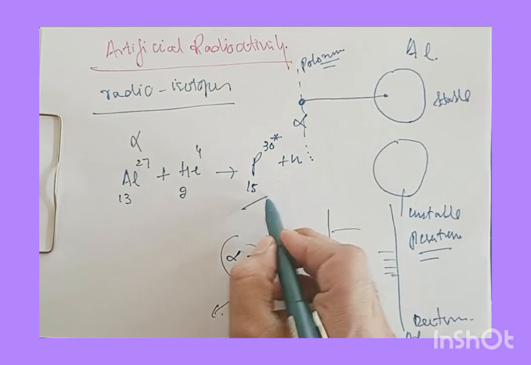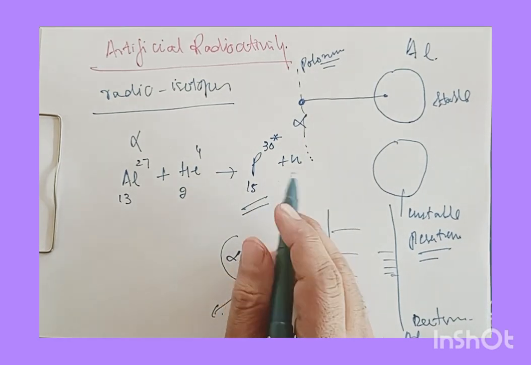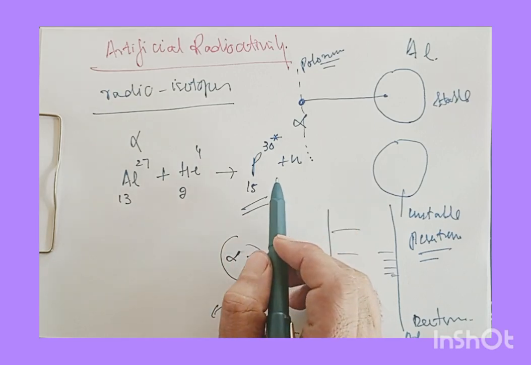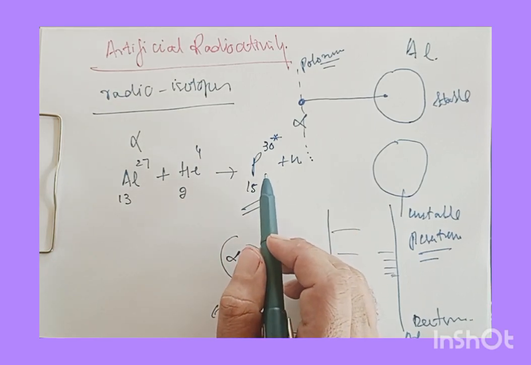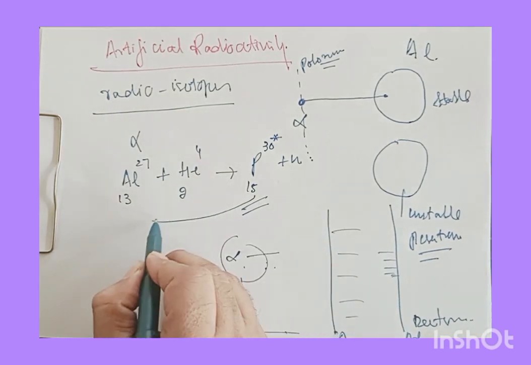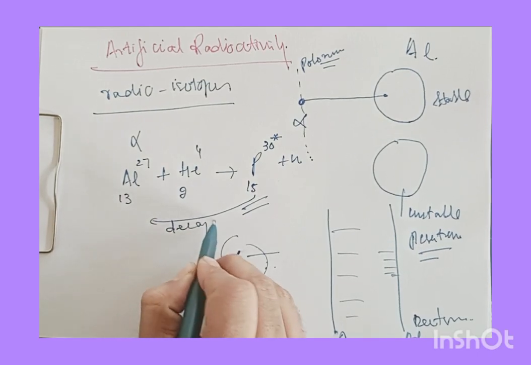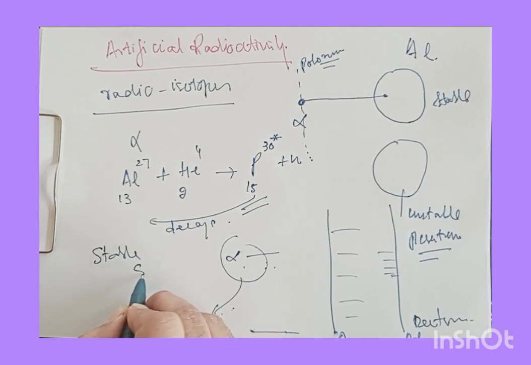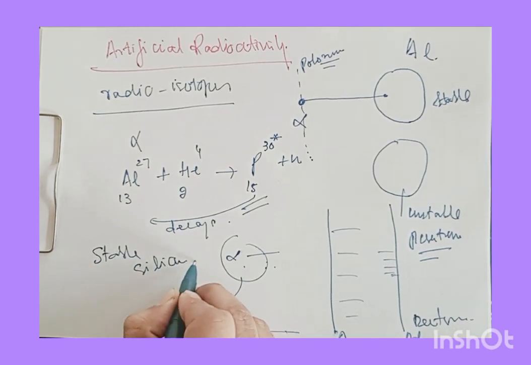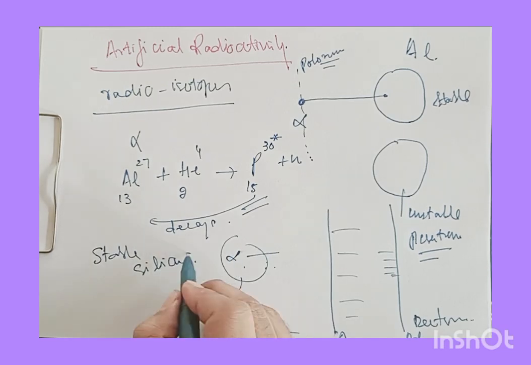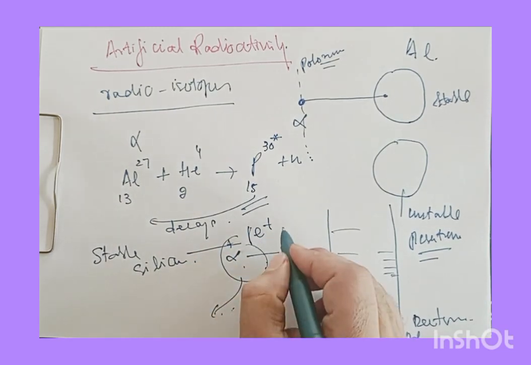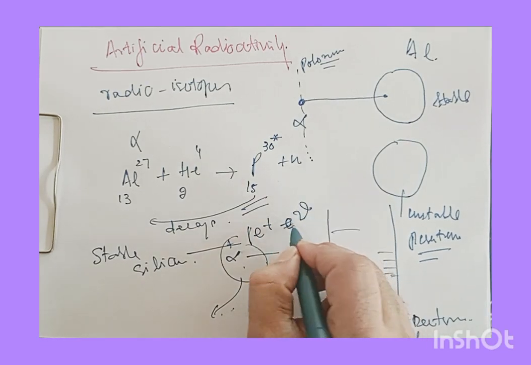Now this P30 star is unstable. It's a radioisotope, and it decays to become stable silicon, with the emission of a positron and a neutrino.